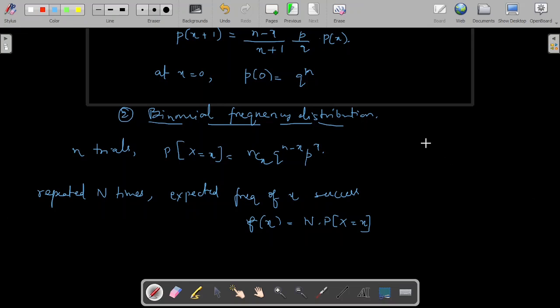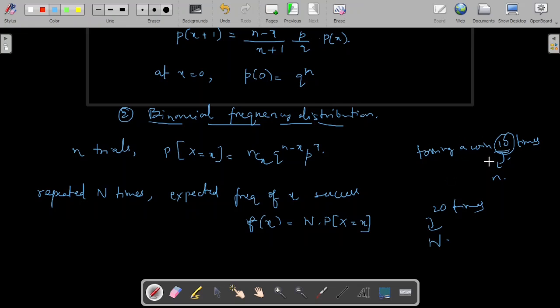Suppose you have a random experiment of tossing a coin 10 times, where small n equals 10. Now, if this experiment is repeated 20 times, that is capital N equal to 20, tossing a coin 10 times is treated as a single experiment, and this single experiment is repeated 20 times.